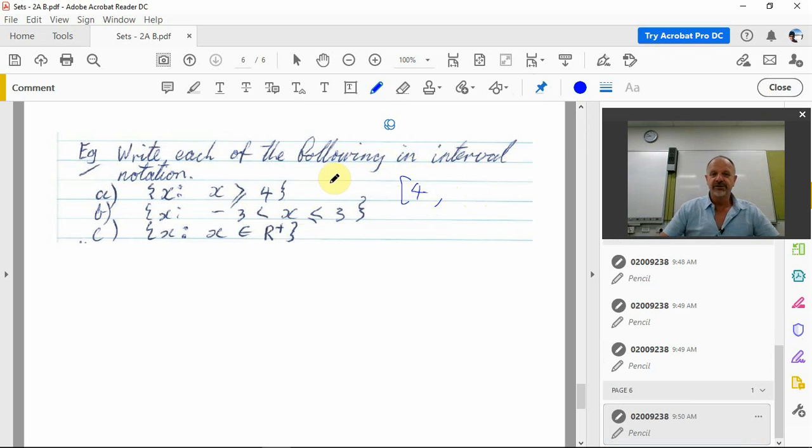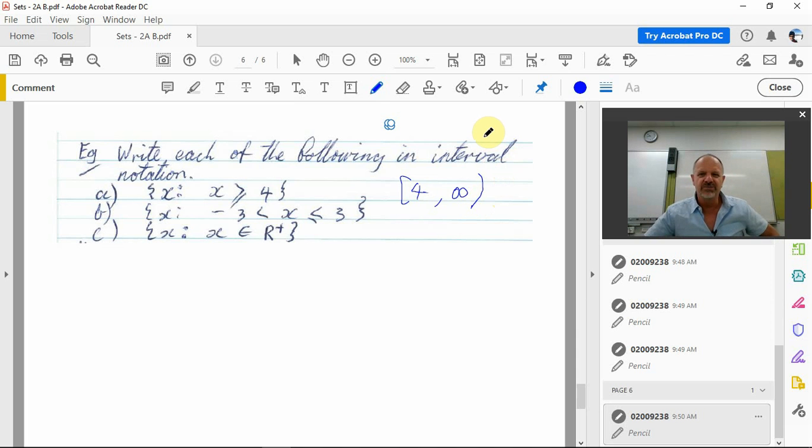Where does it go to? Well, it keeps going, way, way, way up. So way, way up is infinity. Now the convention for infinity or negative infinity is a curved bracket. That's kind of a technical mathematical thing, and we can get into that.